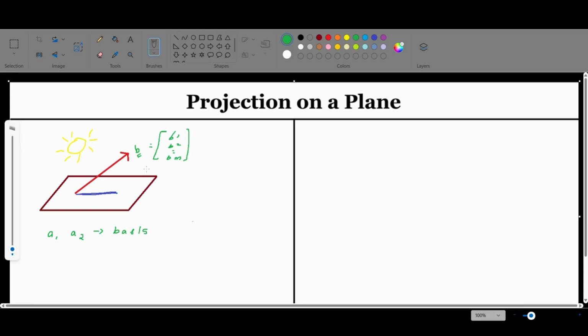Okay. Now they would both also be m-dimensional vectors but spanning a plane, which is this plane drawn over here. Therefore, A1 is equal to A11, A12, so on up till A1m. And A2 is equal to A21, A22, so on up till A2m.